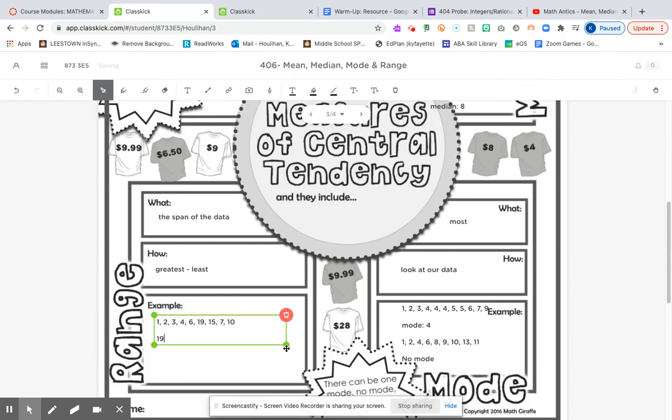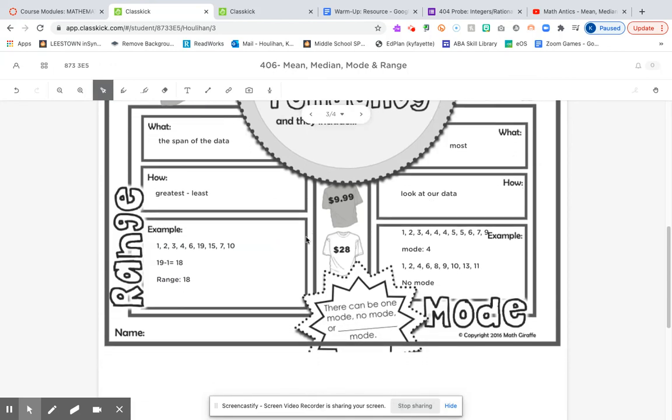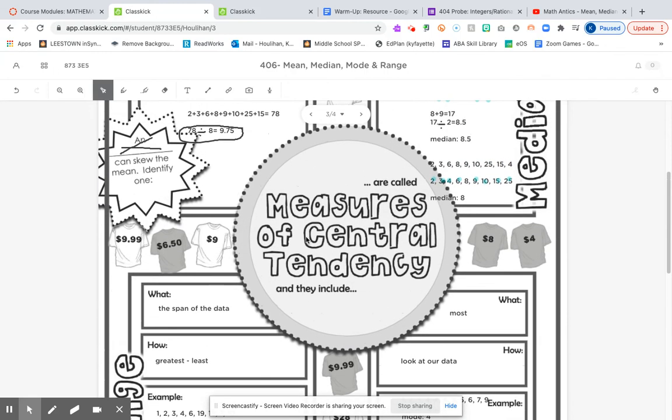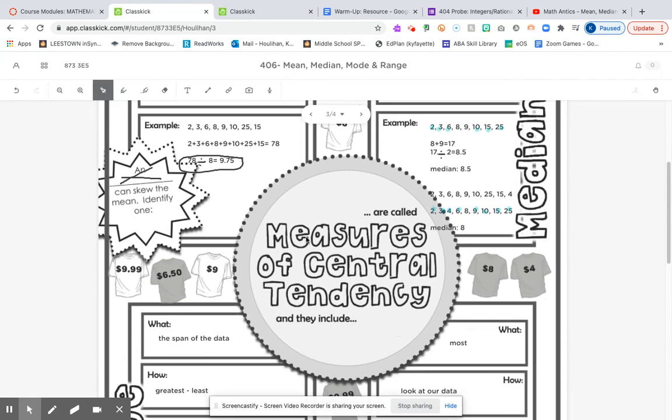Well, that number is 19. I'm going to subtract. What's my littlest number? That number is 1. And that equals 18. So my range is 18. Okay? So you're just going to take the biggest number minus the smallest number, and that'll give you your range. Okay. So that is it for those notes.